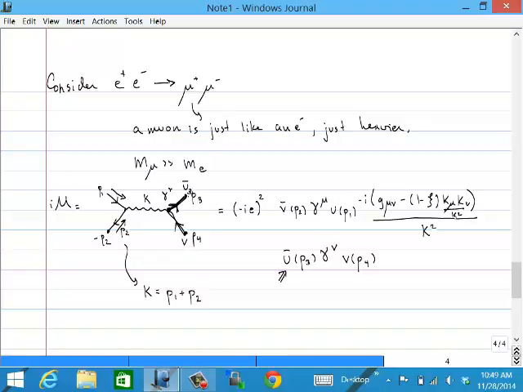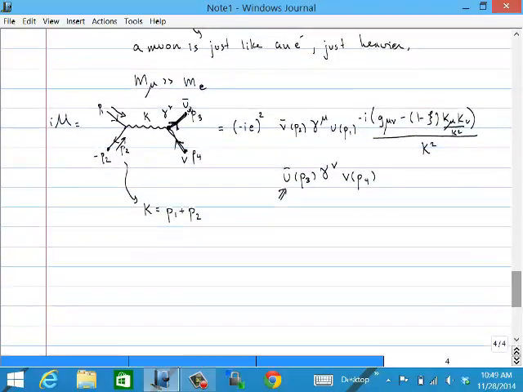Okay. So let's go ahead and stare at this for a little while, okay? Because, in fact, we can simplify this considerably. So the first thing that we want to see is that actually this term drops out. So how can we see that? Well, we need to use the fact that these U's and the V's that are appearing here all need to solve the Dirac equation in momentum space.